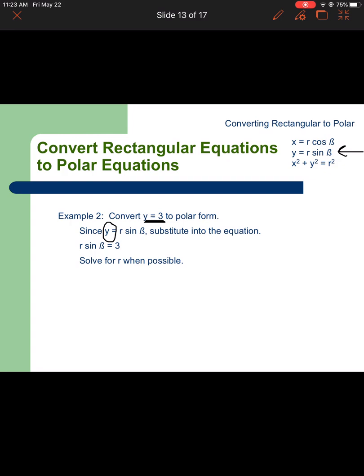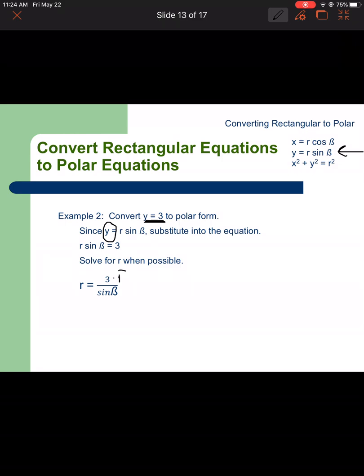Alright, and then we're going to solve for r when possible, so I'm going to divide both sides by sine of beta. And we can actually simplify this even further. So we have an identity. It's kind of a hidden identity. Remember, there's always an imaginary 1 times.